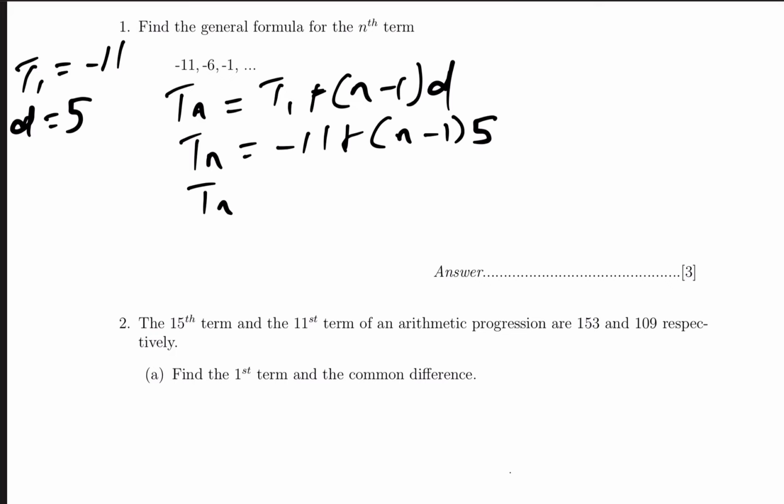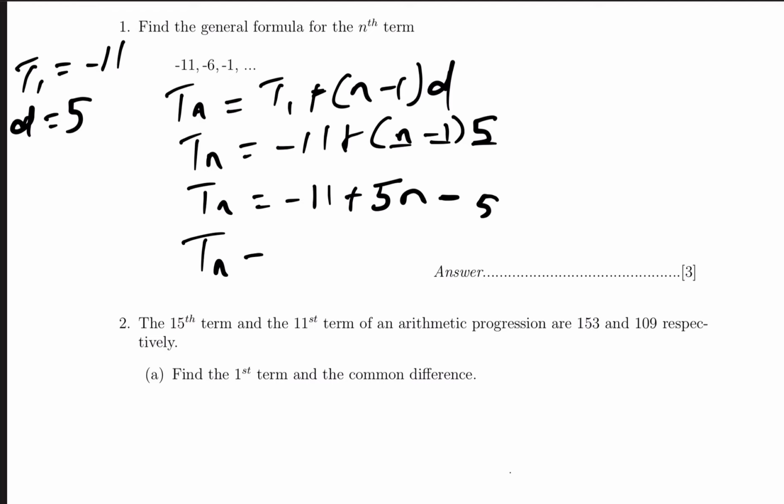Then Tn is equal to negative 11, and now we open the bracket. 5 times n, we get plus 5n. Then 5 times negative 1, we get minus 5.